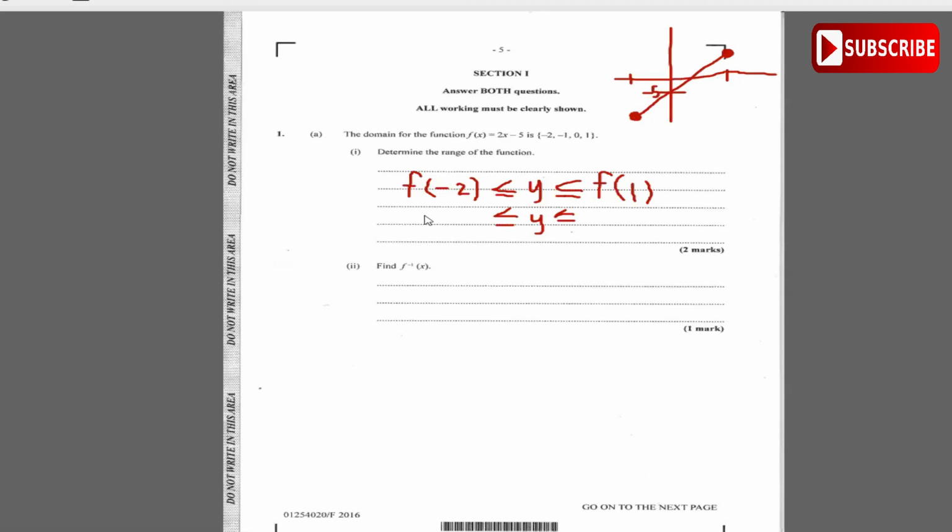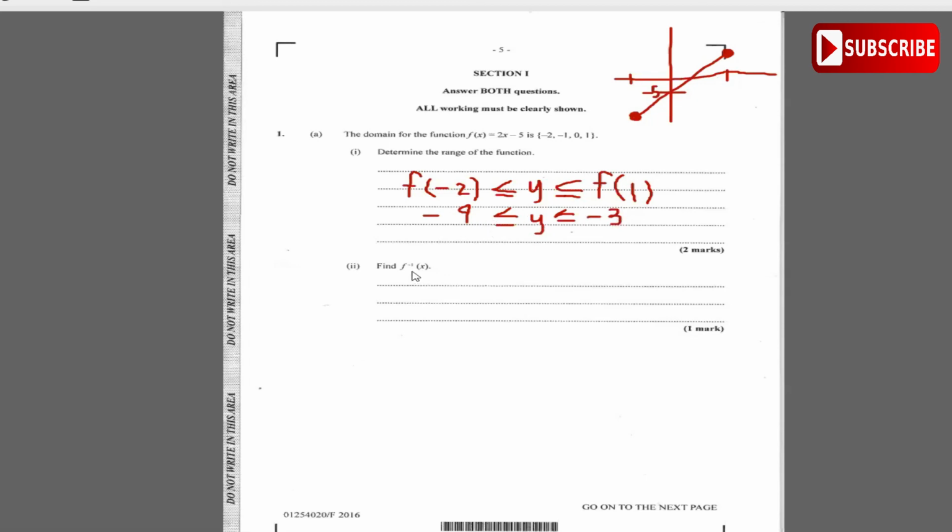So y is between minus 9 and, when x is 1, 2 times 1 minus 5. I'm getting minus 3, so it actually doesn't even reach up here. So that's the range. The range is between minus 9 and minus 3.